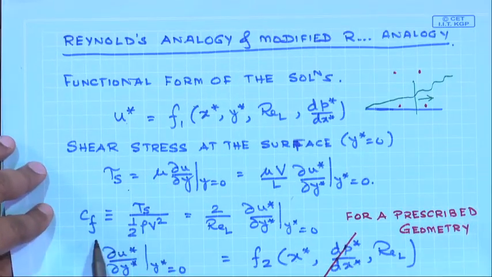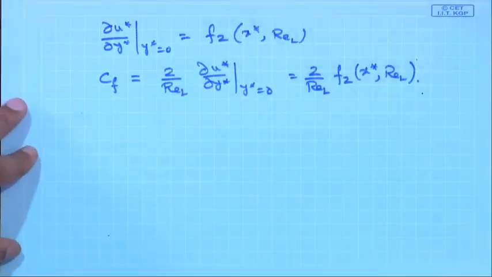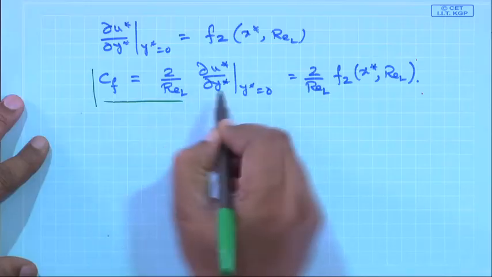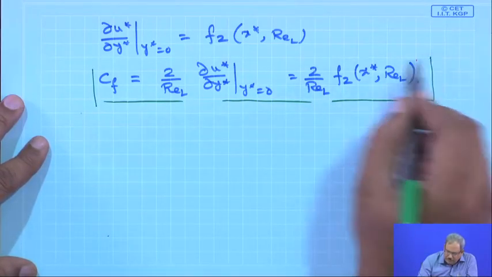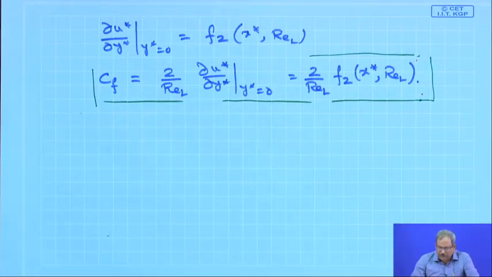From the shear stress, I obtained CF, and from ∂u*/∂y* at y* = 0, I obtained the functional form for this special case when the geometry is known to me. So, this would give me the expression for CF for flow momentum transport inside a boundary layer. Now, let us see what is going to happen to the temperature profile.